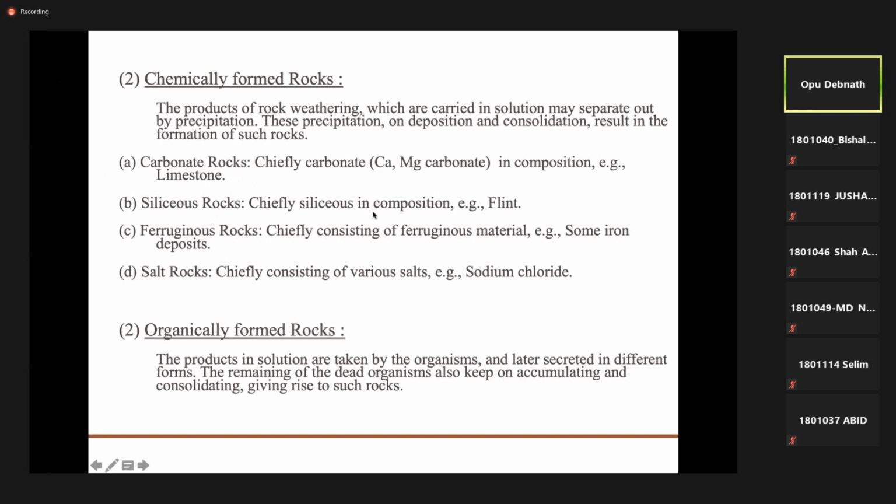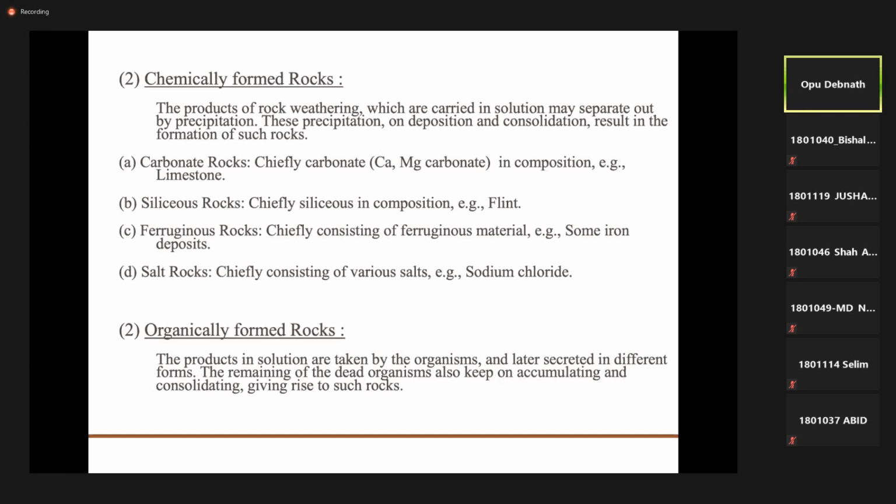That means the chief constituents will be calcium and magnesium carbonate in the composition, such as the limestone. So as I discussed in the last class, lime has some bonding property.